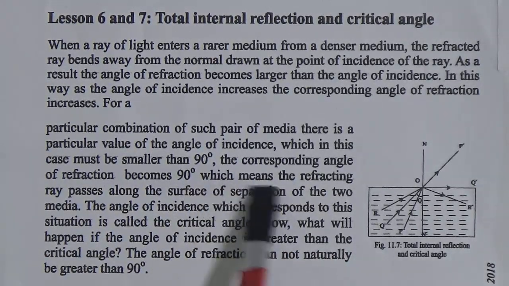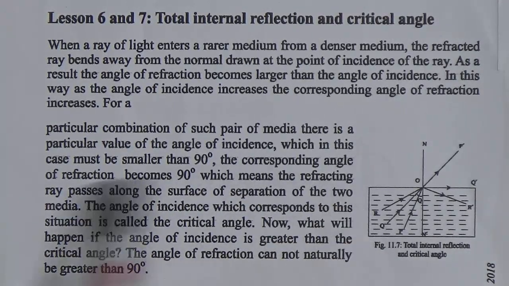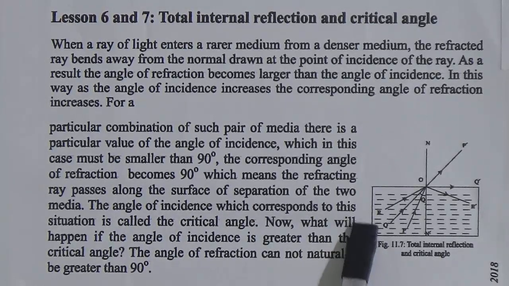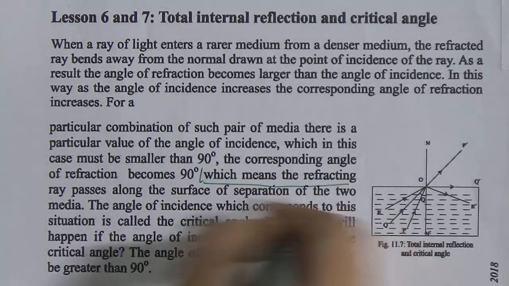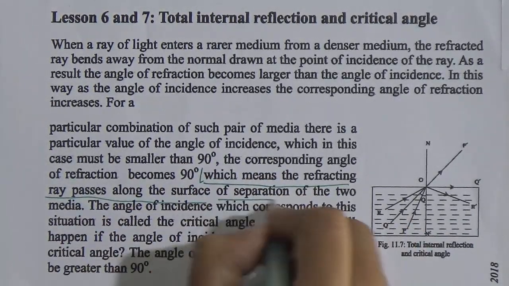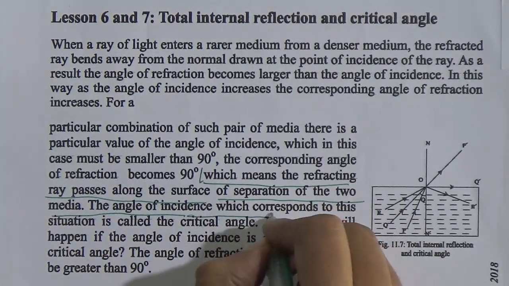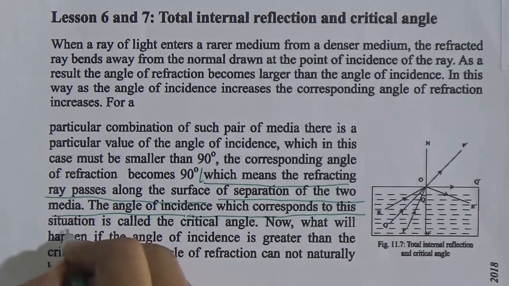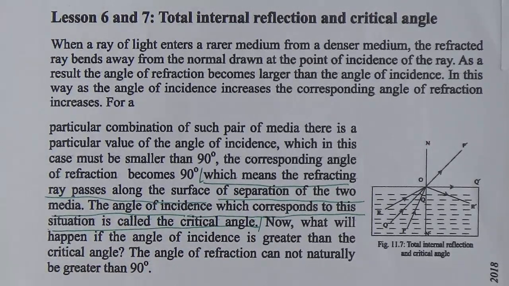That means the refracted ray passes along the surface separating the two media. From here we make the definition of critical angle. The angle of incidence which corresponds to the angle of refraction of 90 degrees is known as the critical angle.